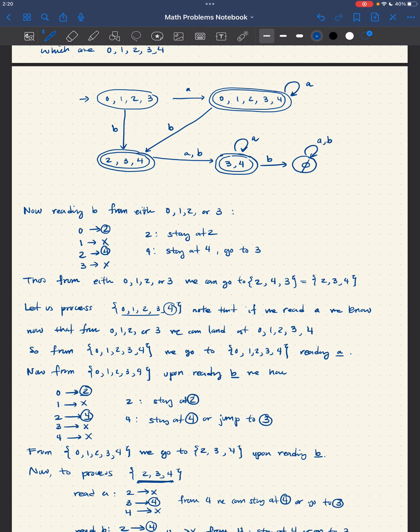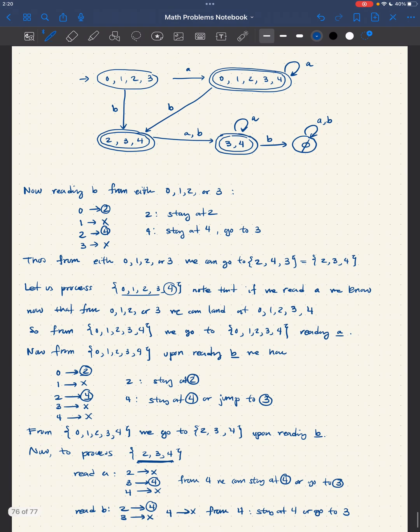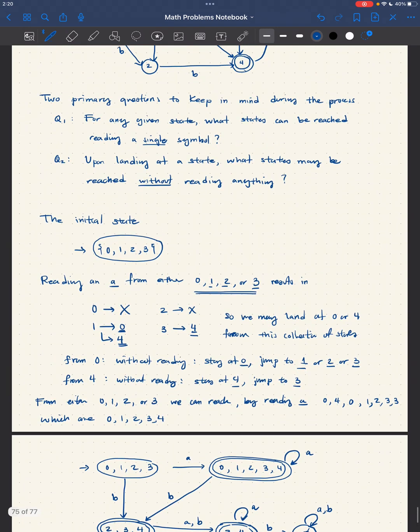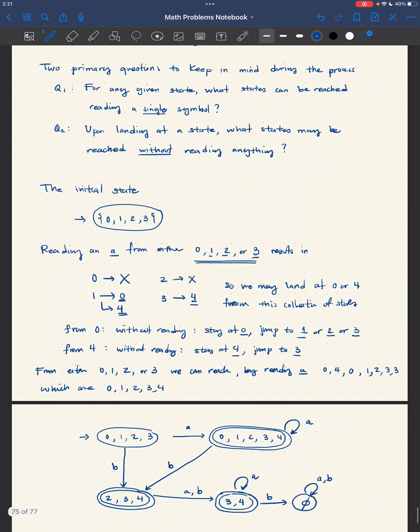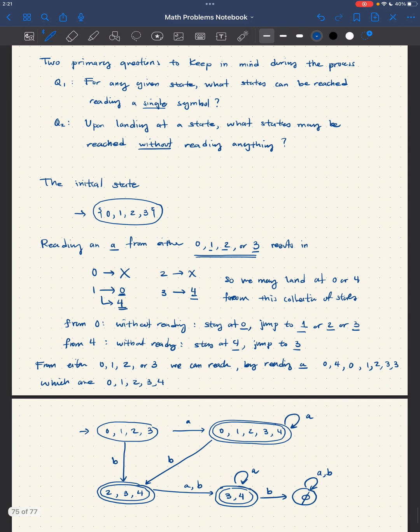Okay. And with this, we finish this example where we provide a mechanism to transform a non-deterministic finite automata to a deterministic finite automata. And, well, let's not forget the 2 questions that we have to keep in mind every single time that we're processing the states.